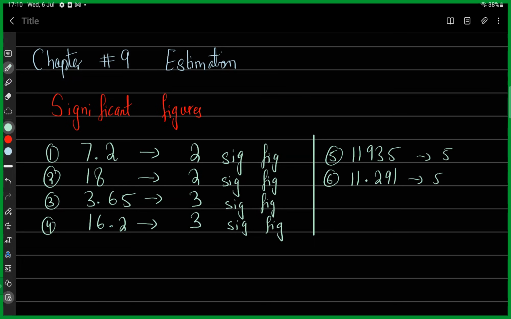The idea is same, that we are just counting down the non-zero digits. Okay. All right. Now, this is when we do not have a zero. Let's talk about the numbers having zero, that what exactly is the case over there. Okay. So this is the first part of significant figures.